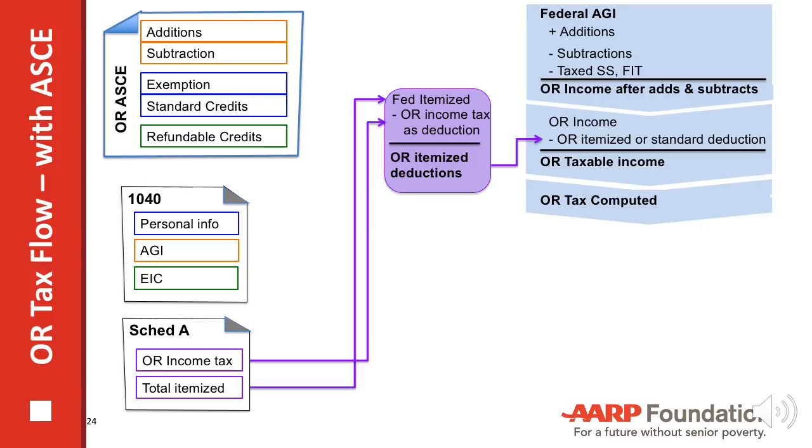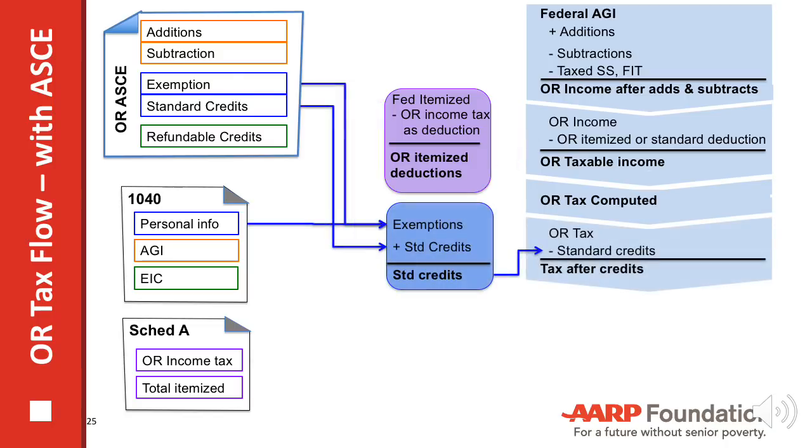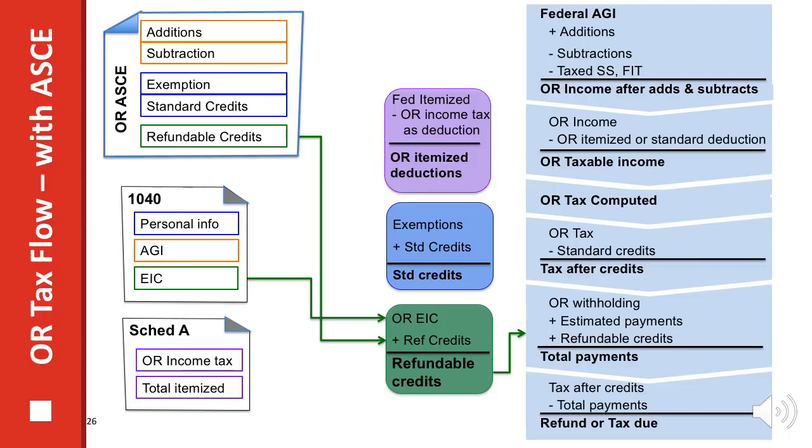We'll still apply an itemized deduction or a standard deduction to arrive at the Oregon tax. We'll subtract personal exemptions, and compare that amount to the payments made on the taxpayer's behalf. So even on the trickier returns, a lot of the work is still being done by the software.